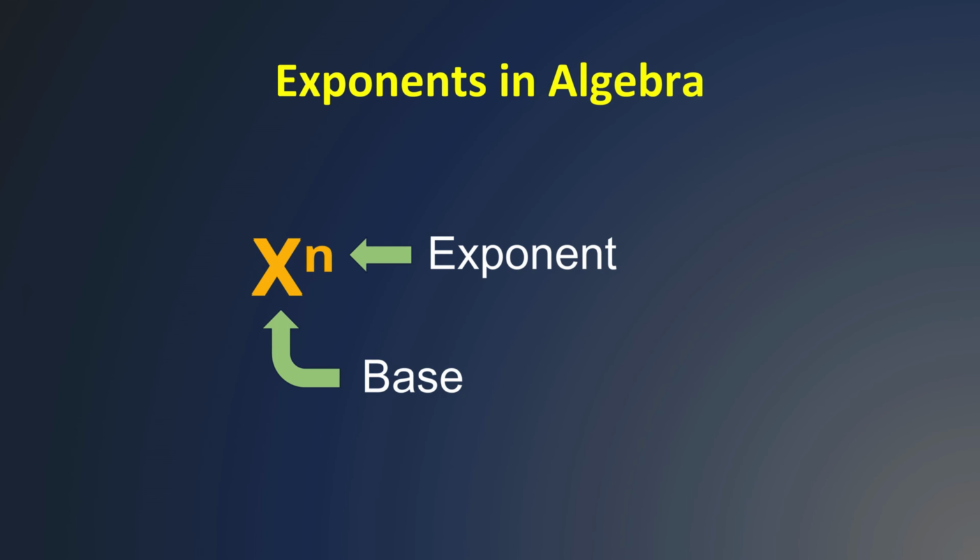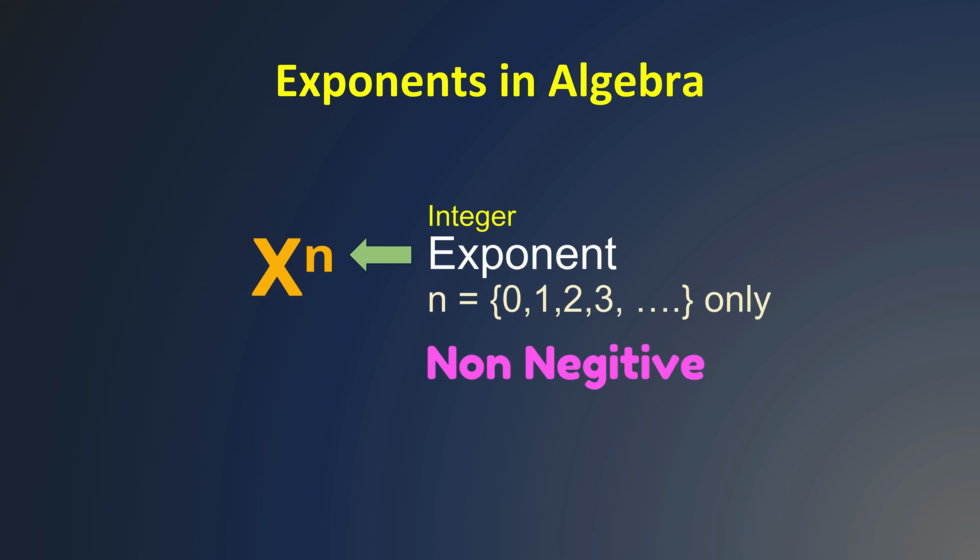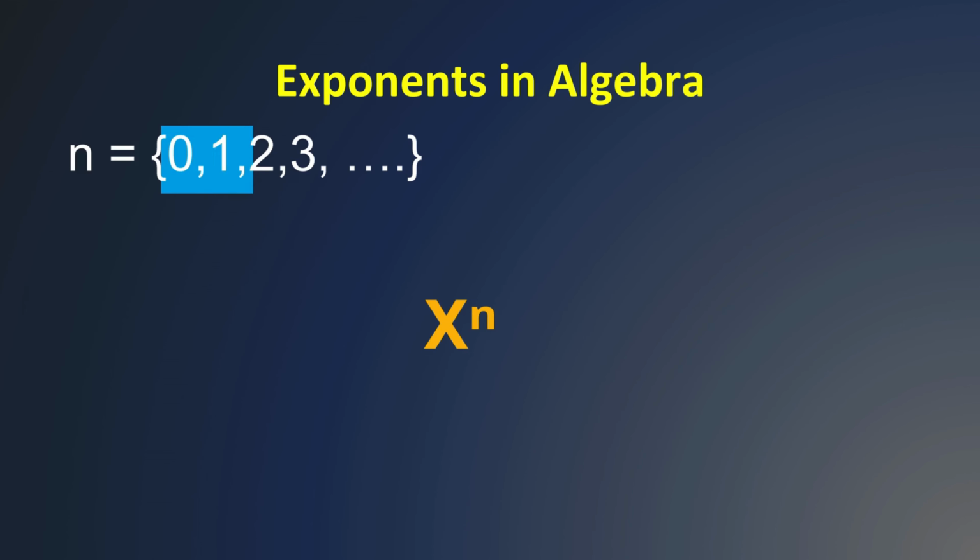In this expression, x could be any number, and n can be a positive or negative integer. But to keep things simple here, we will consider non-negative integers. That means we will limit n to the set of numbers 0, 1, 2, 3, and so on. If n is 0, then we have x to the power 0.